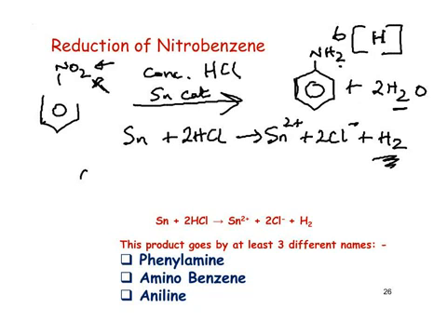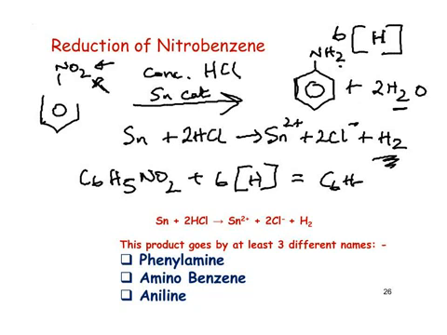So you could write that as C6H5NO2, that's your nitrobenzene, plus 6 [H], and that produces C6H5NH2 plus 2 H2O.